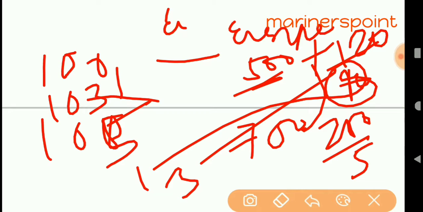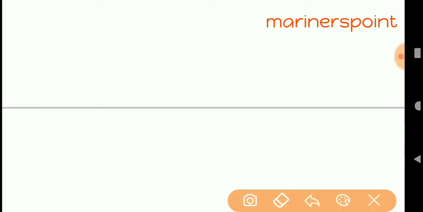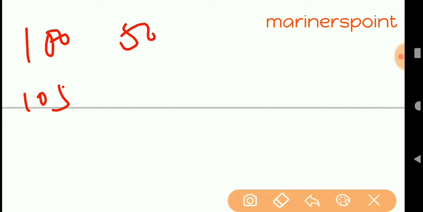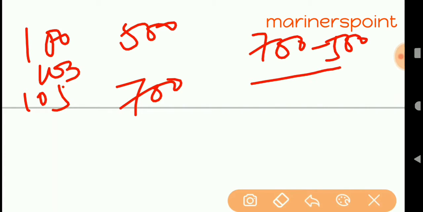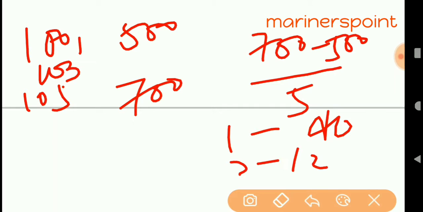Okay, one more time I want to explain. 100, 105, here it is 500, it is 700, and you get 103. Then what you have to do? First you calculate for 1 centimeter, that is 5, divided by 5, then you get 40 for 1 unit, and you have to increase 3 units. For 3 units it will be 120.